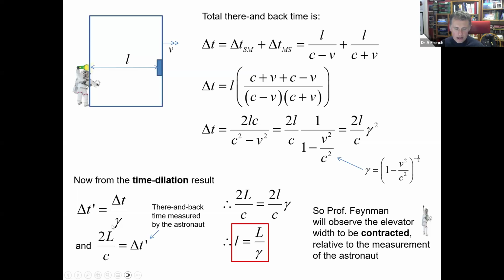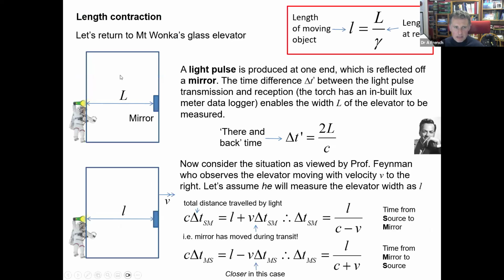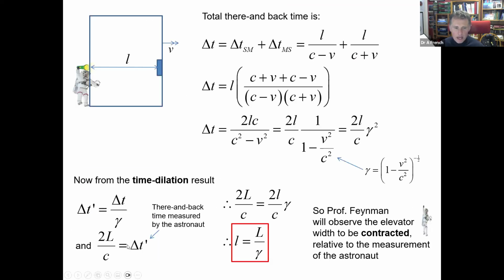So delta T dash is this from time dilation, and delta T dash is 2L over C. So I can cancel out one of those gamma factors. So 2L over C, the time experienced in the elevator frame, I'm equating to the time experienced by Professor Feynman, which is this one here.